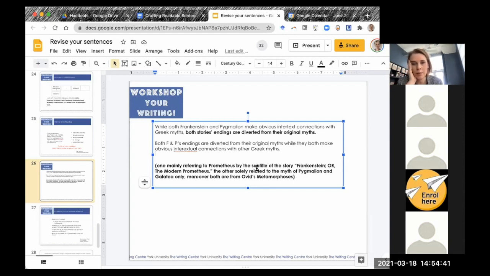And so I would just recommend pulling the evidence out of that statement and saying, one mainly refers to Prometheus by the subtitle of the story, and that's the subtitle, right? While the other solely relates to the myth of Pygmalion and Galatea. Solely does the job of only, so I'll take that out.